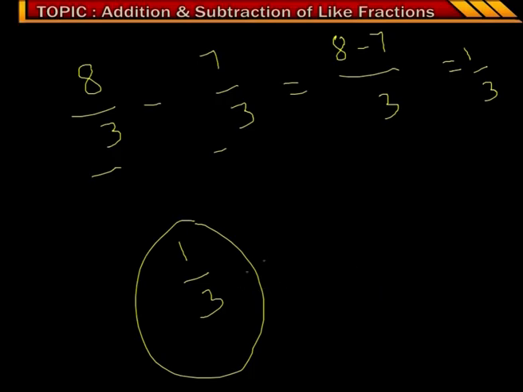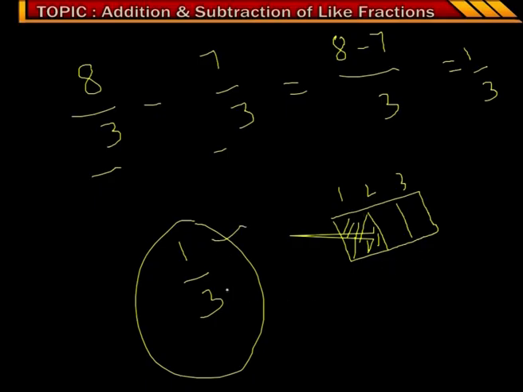See how we will represent 1 out of 3. Suppose one object is like this. We divide it into 3 equal parts and select one part. 1, 2, 3. 3 equal parts, and we select one part out of 3. One part out of 3.